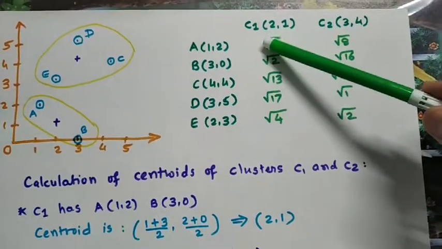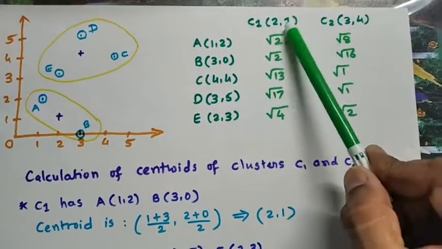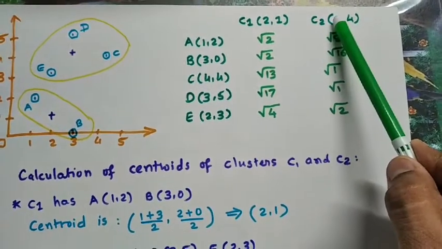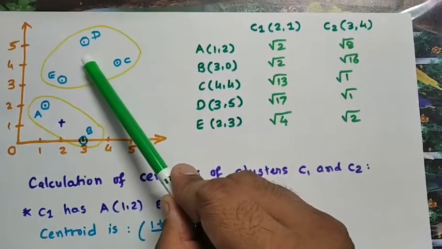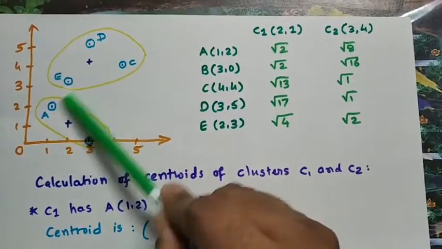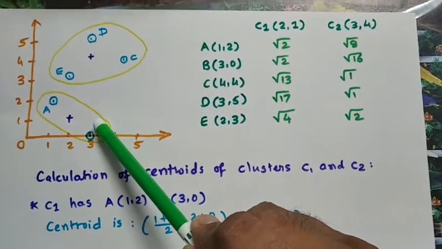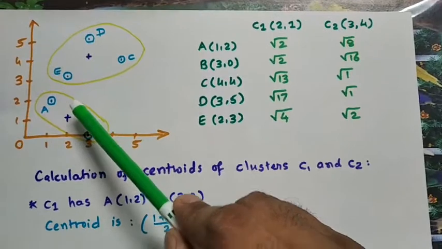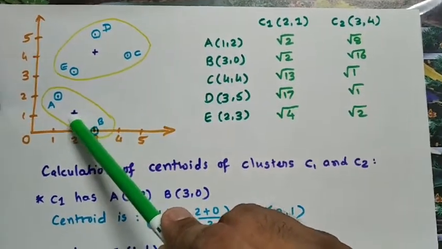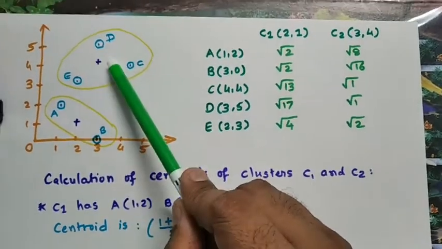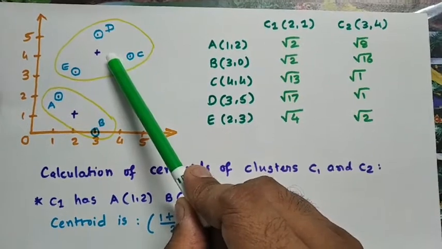Now we will repeat the same procedure of calculating the distance of all the objects from these cluster centroid points, right? We want to find out how far each object is from these centroid points. It is possible sometimes that one point, for example E, may be nearer to the centroid of cluster C1 than the centroid of cluster C2, to which it currently belongs.